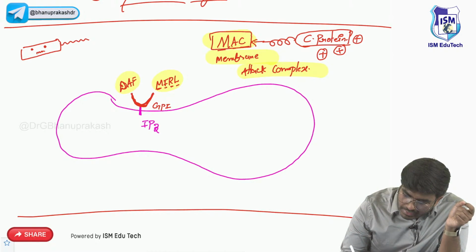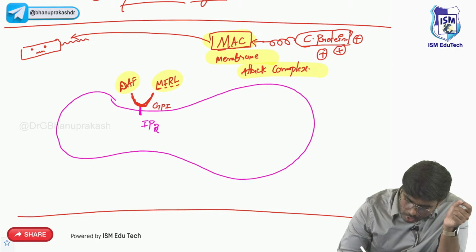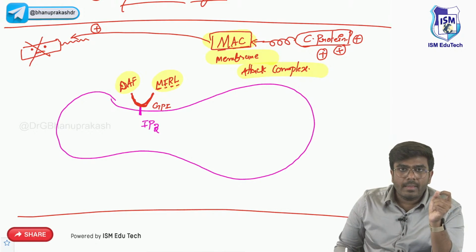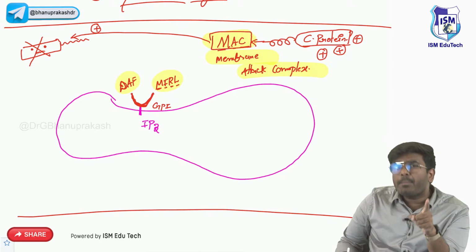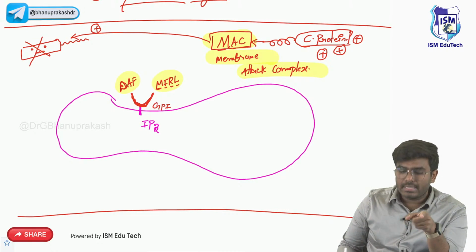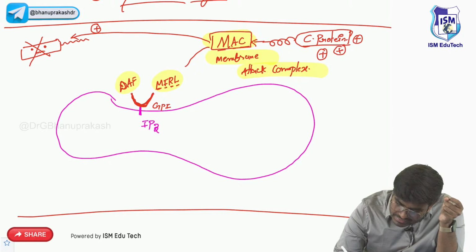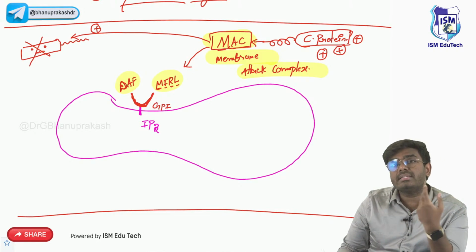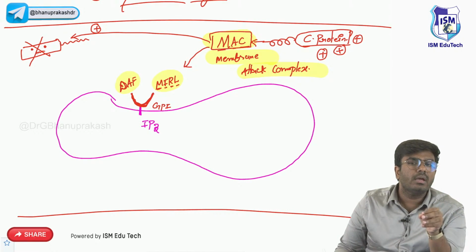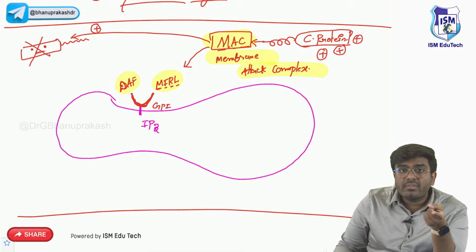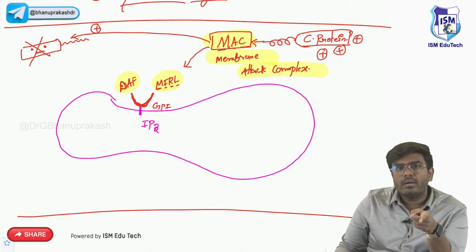Now, what will this membrane attack complex do? It will attack the bacteria and kill the bacteria. My question is, there is a chance that this membrane attack complex can also attack the RBCs, because RBCs are also cells. Whenever you get an infection, are your RBCs getting destroyed? No. Why?